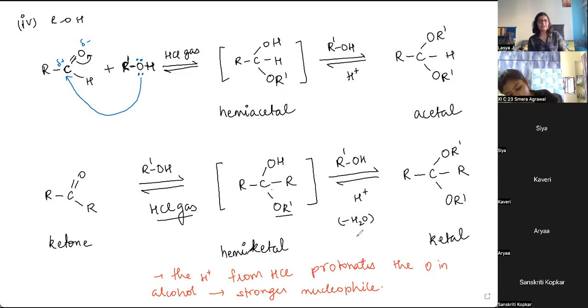So basically, what it's trying to say is the presence of H plus. When R dash OH attacks it, it turns into R dash O minus, which is a really strong base. It's a really strong nucleophile.